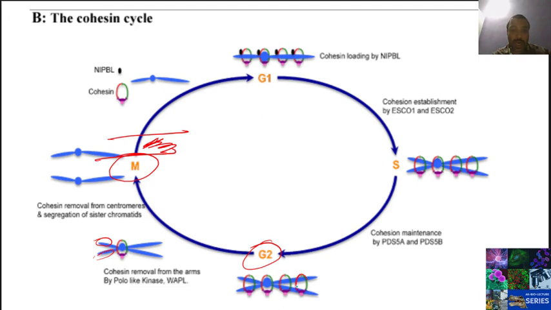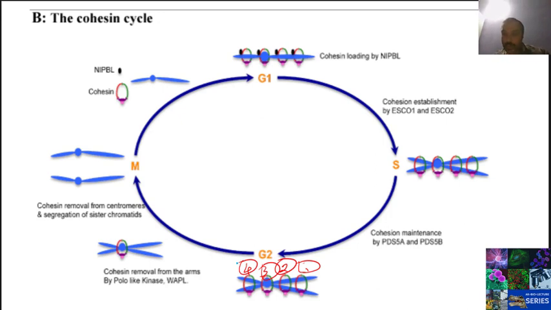Here you can see the connection between the sister chromatids is very clear. I think for easy representation it is given as 4 cohesin that are connecting the two sister chromatids together. Okay.